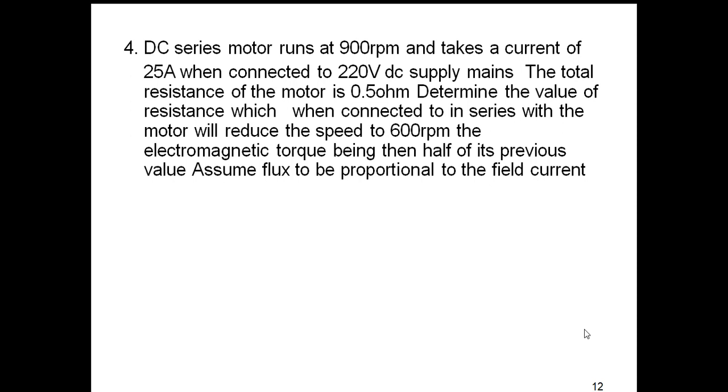Now let us read out this problem. A DC series motor runs at 900 rotations per minute and takes a current of 25 amperes when connected to 220-volt DC supply mains.